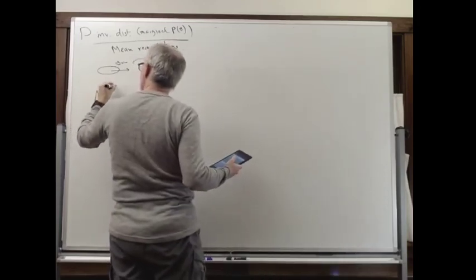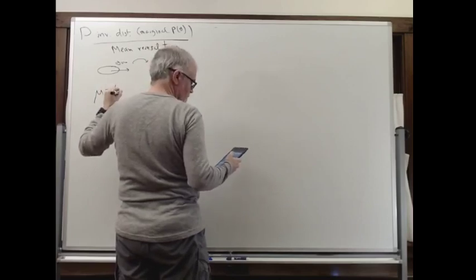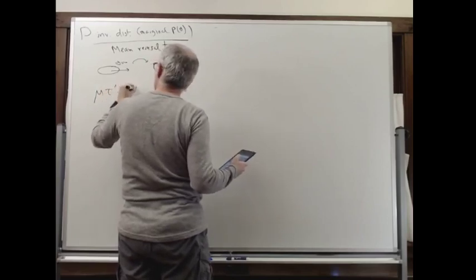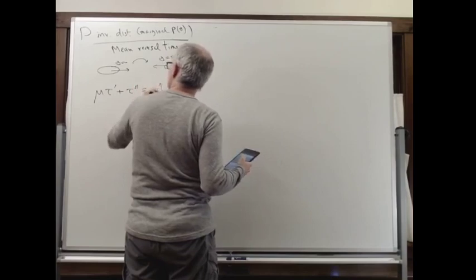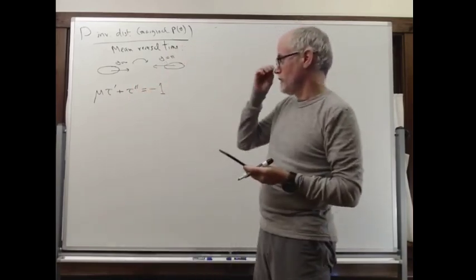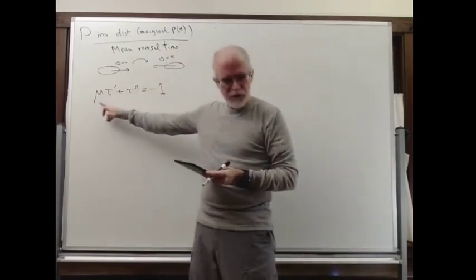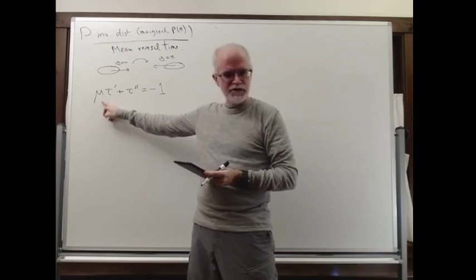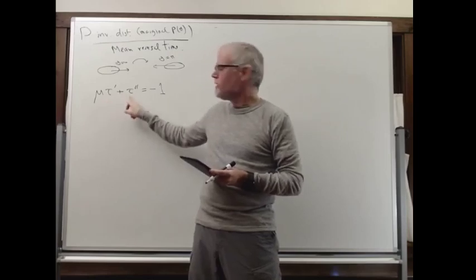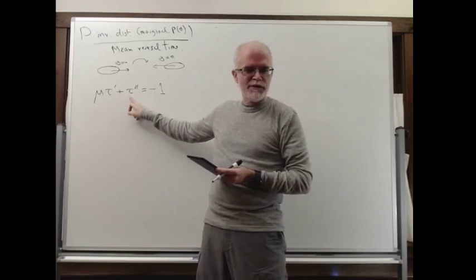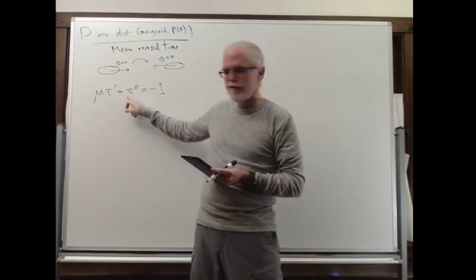It's just mu tau prime plus tau double prime is equal to -1, where mu is our drift, which is a function of theta only from the previous slide. Here again, the units are expressed in units of 1 over d theta, so there's no diffusion that appears.